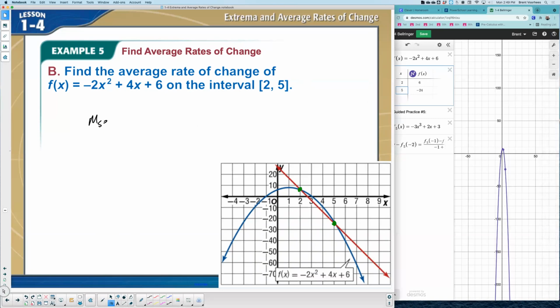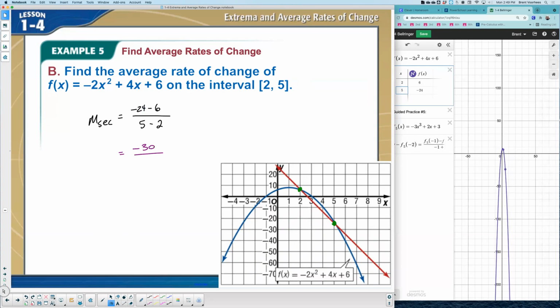So again, the formula for this was y2, which is -24, minus y1, which is 6, divided by x2, which is 5, minus x1, which is 2. There's my slope. Let's simplify. Negative 24 minus 6 more.